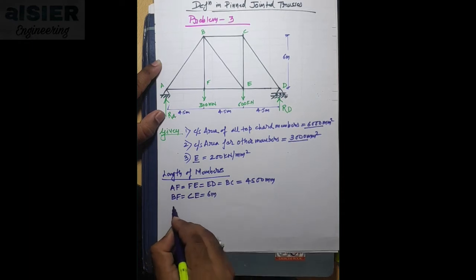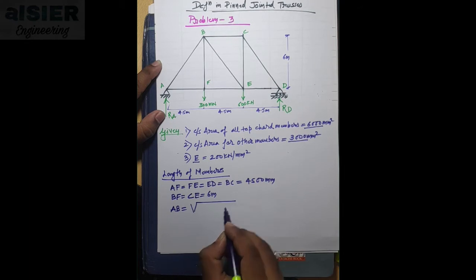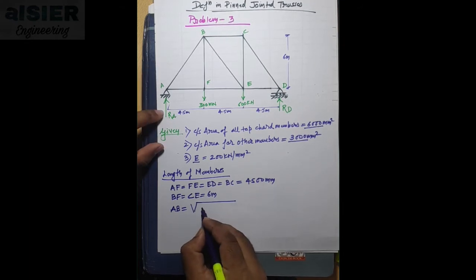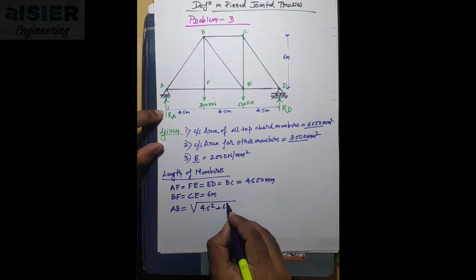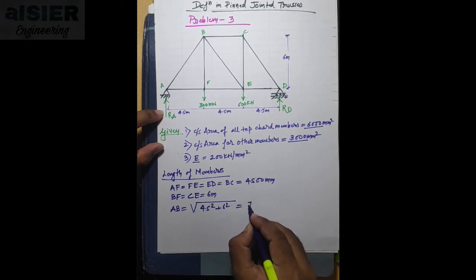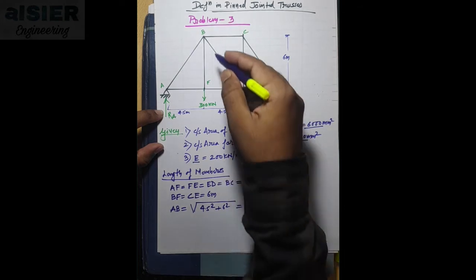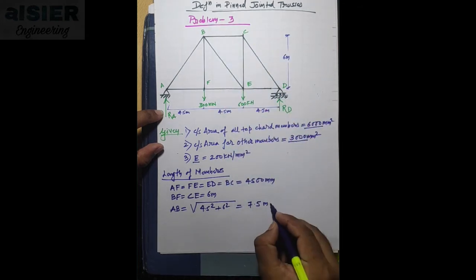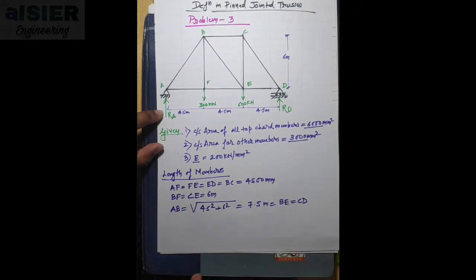Now length of member AB is equal to under root of 4.5 square plus 6 square, which is equal to 7.5 meter. And the same is the case for BE and CD. So AB is equal to BE is equal to CD. So we got the length of all the members.